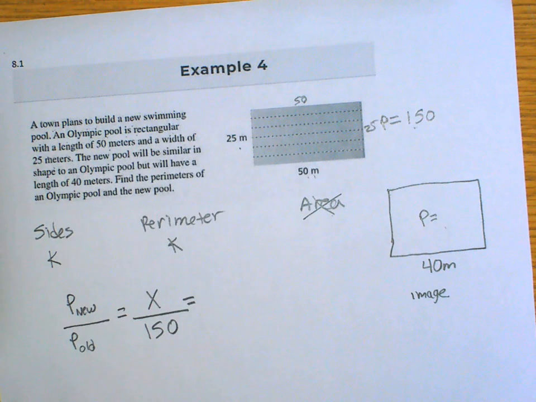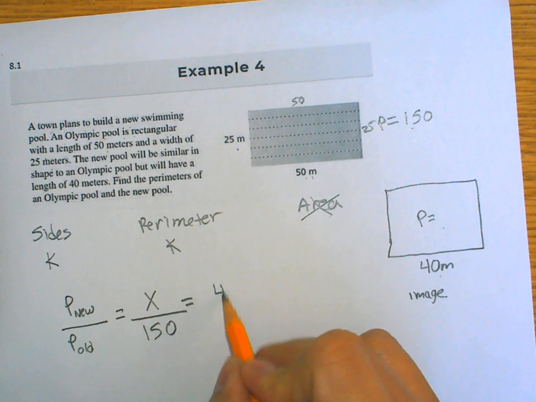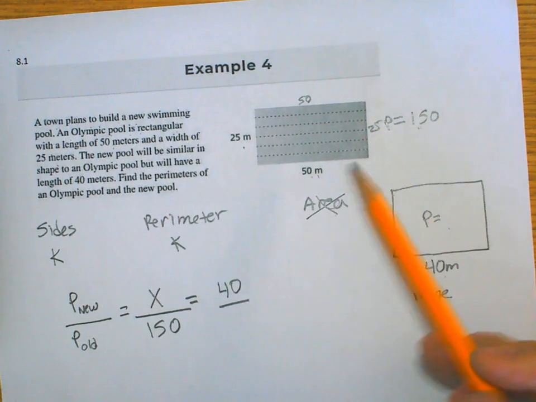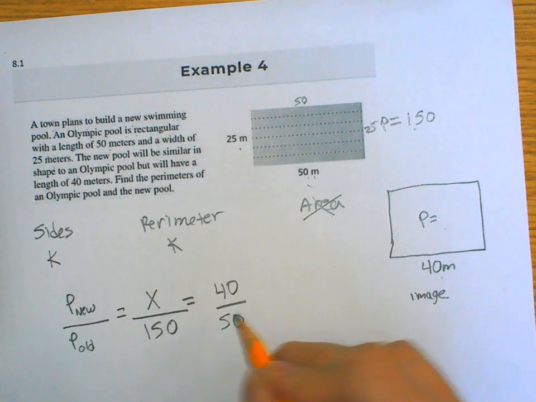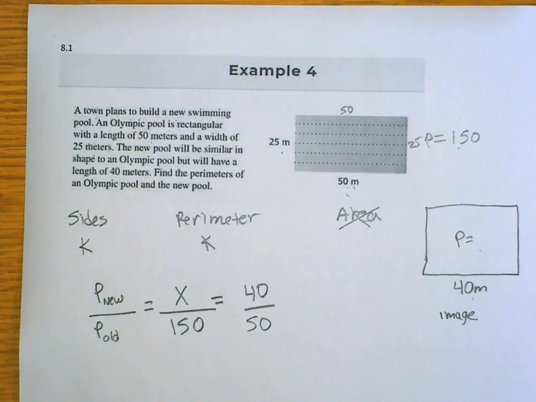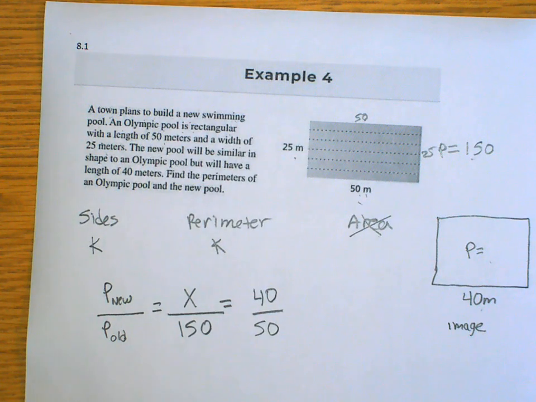Now here's the thing. This scale factor should be the same as the scale factor for the lengths of the sides. So the length of the side here happens to be 40. And the length of the pre-image, the old pool, is 50. That's the part that's a little confusing. Okay, so I'm mixing in length with perimeter.